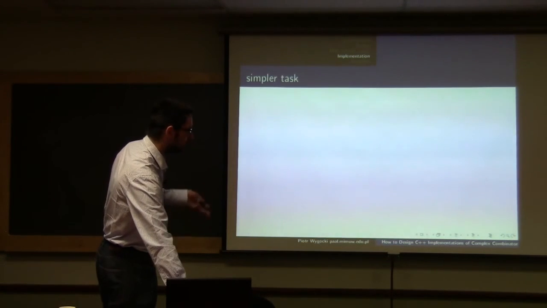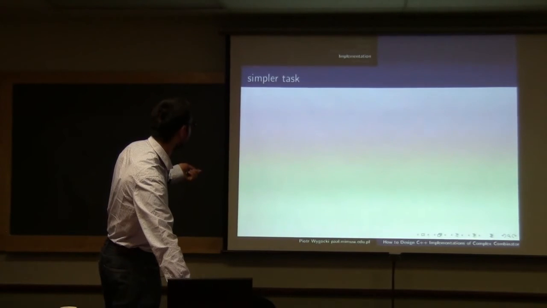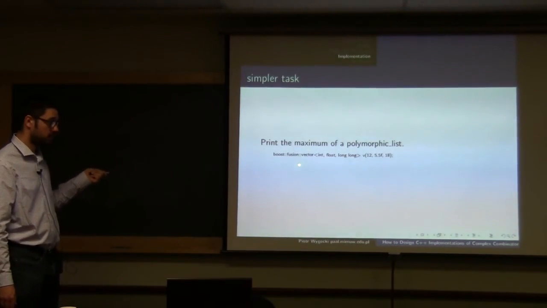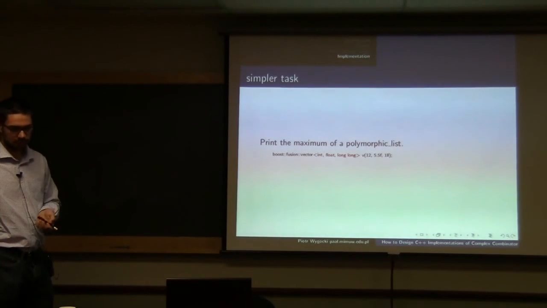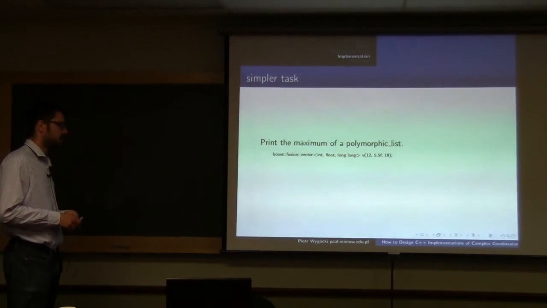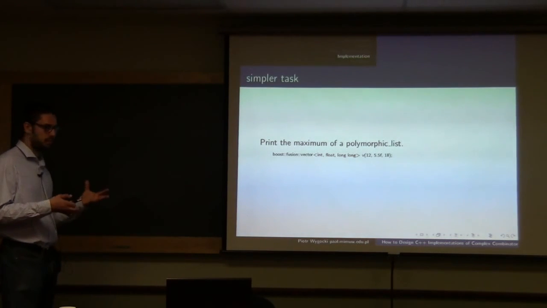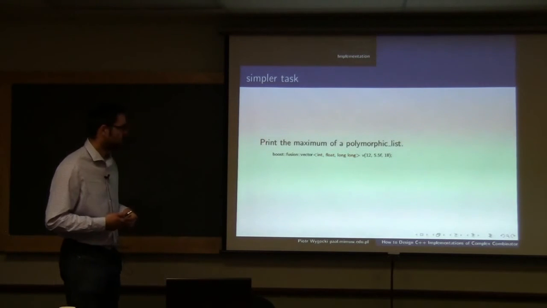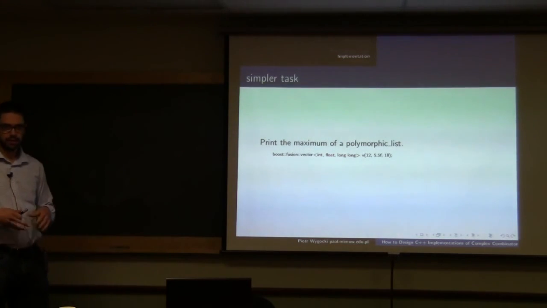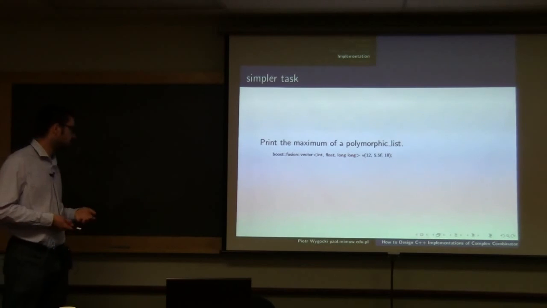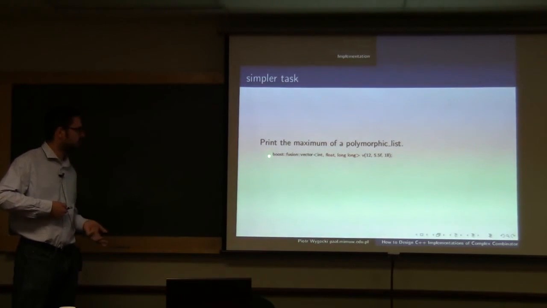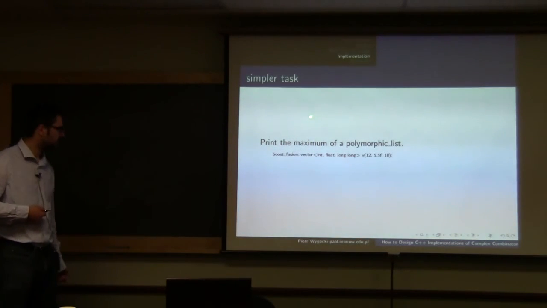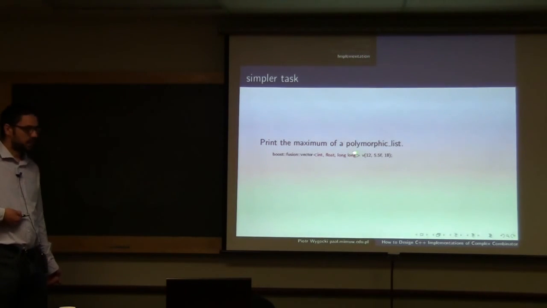So in order to do that, we are going to focus on a much simpler task. We are going to print the maximum of a polymorphic list. And although this looks like a much simpler task, it actually has all of the problems of the previous task. So if you were totally lost in this local search, this is a nice point to start listening again, because it's a totally independent problem.